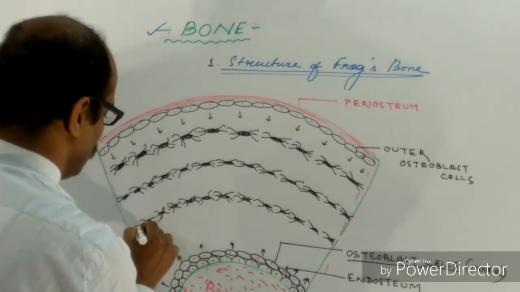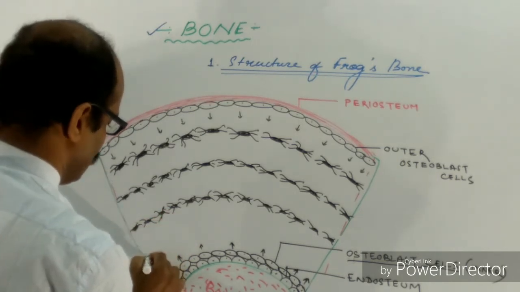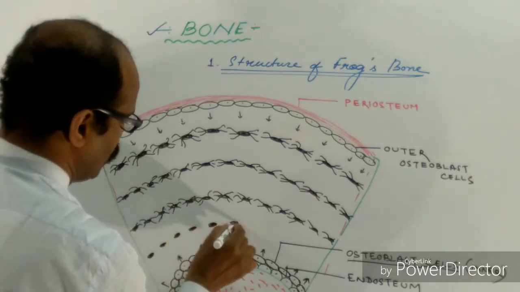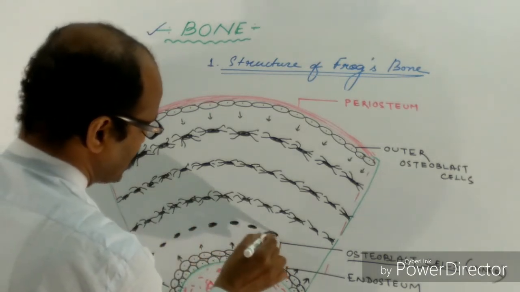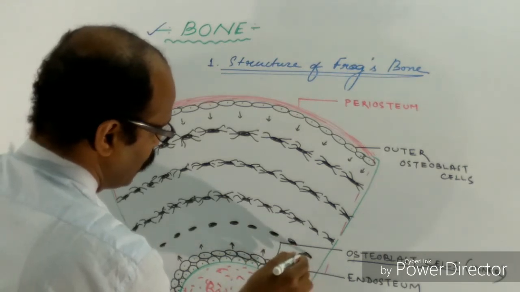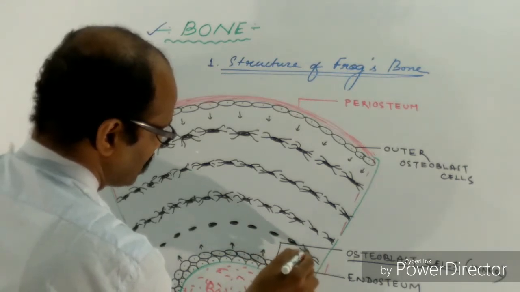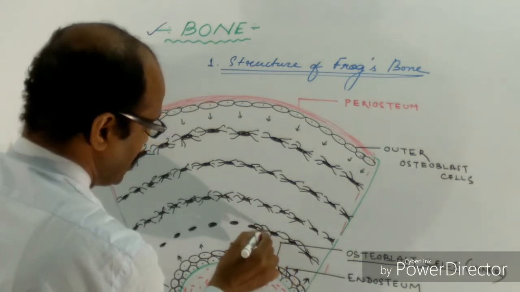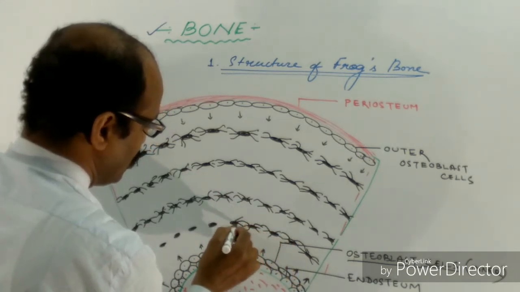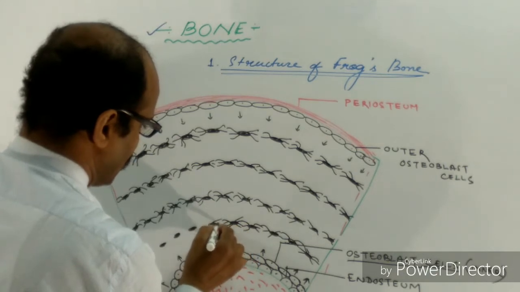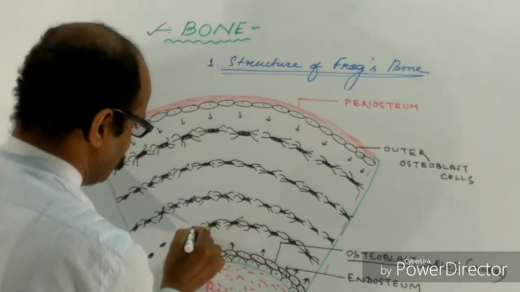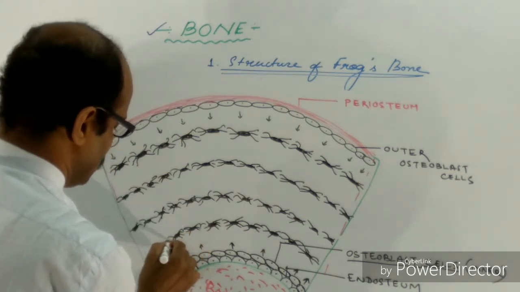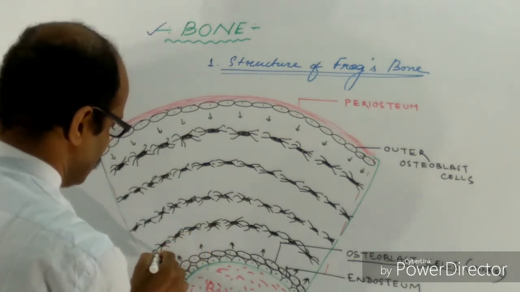These bone cells are the osteocytes. Suppose that this is another concentric layer of bone cells, or the osteocytes, around the bone marrow, and it forms a very beautiful structure. These look spider shaped. These are the cytoplasmic processes.